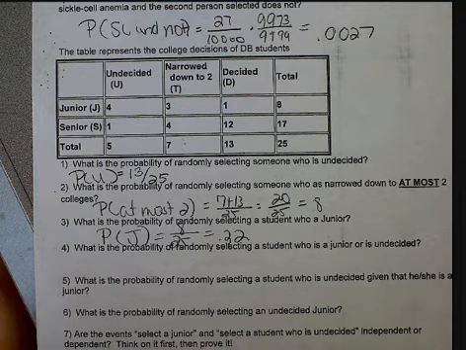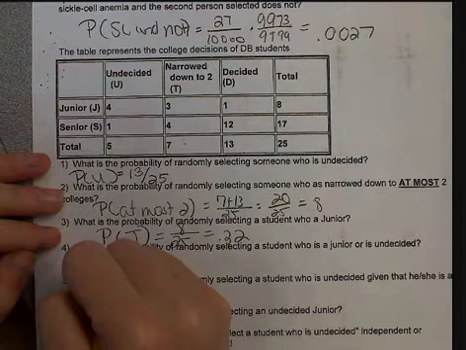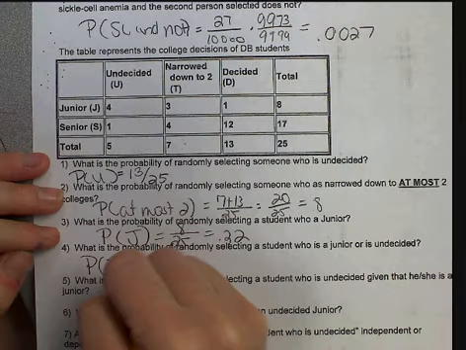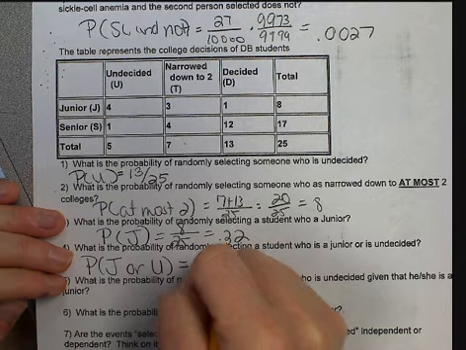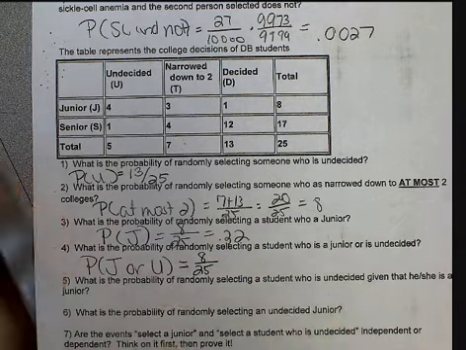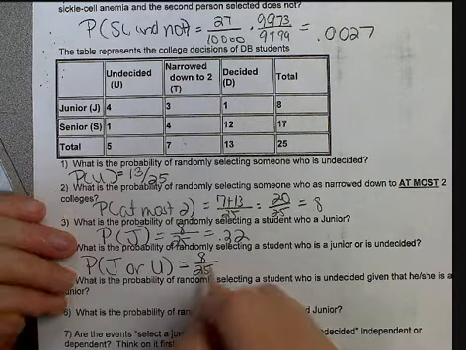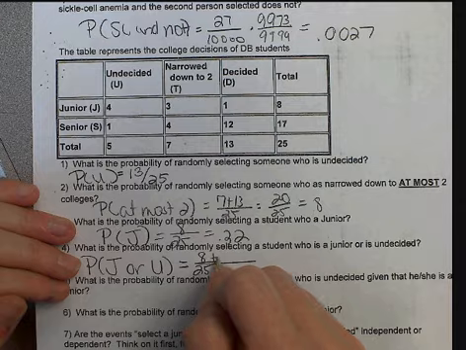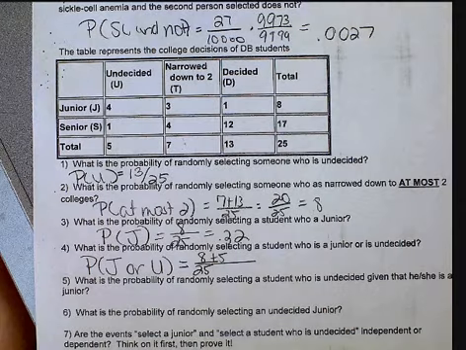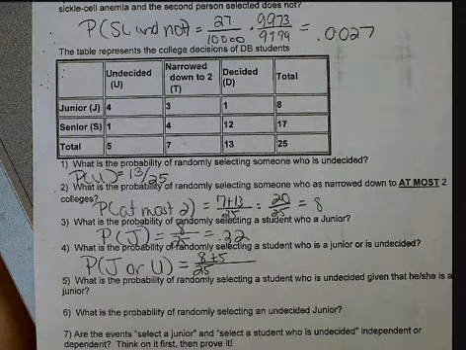So the probability of selecting someone who is a junior or undecided. Well, up above, we looked at the probability of a junior. So we have 8 juniors. How many people do we have that are undecided? 5. There's a problem with what we just did.